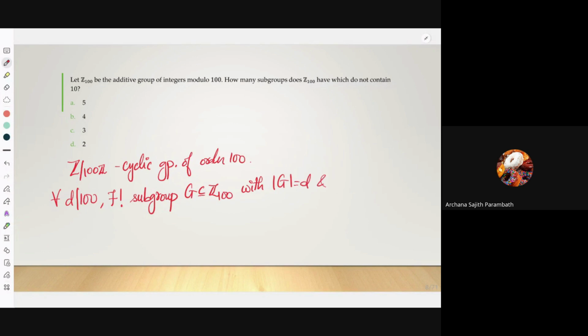And G is basically the cyclic group generated by 100 by d in Z mod 100Z.